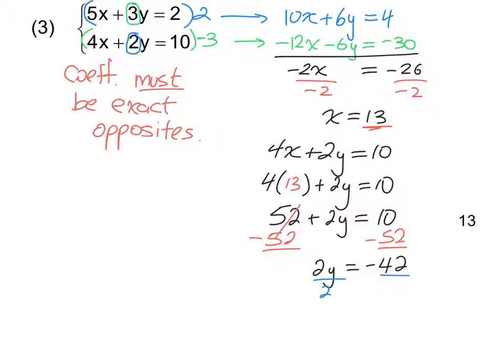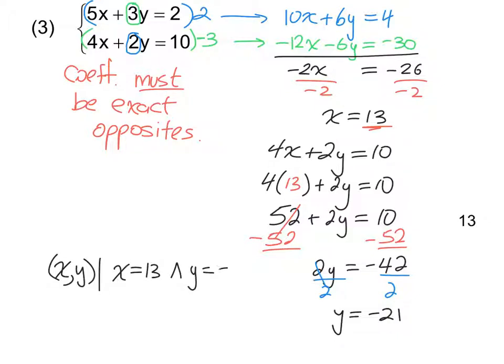Divide by the 2. This is all unit 1 stuff, so just kind of breeze through it. You get y equals negative 21. And then you just have to make sure you put your answer in the proper notation. Right? So x and y such that x is equal to 13 and y is equal to negative 21.